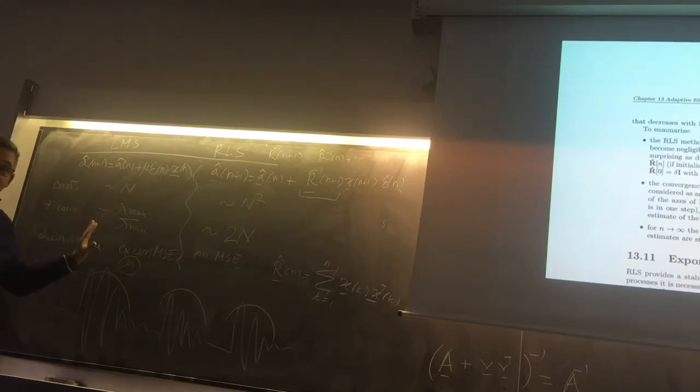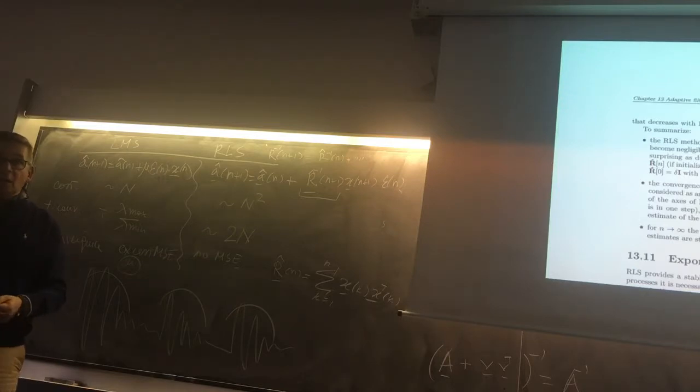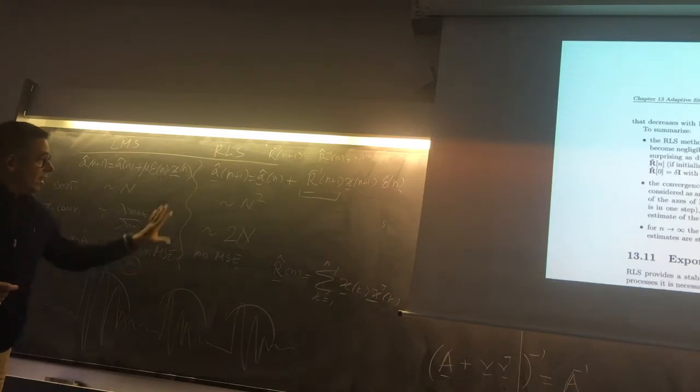You pay for being ready to react with an excess mean square error. The excess mean square error is due to the fact that, since you are always ready to react, you react also to the realization of the noise, and you update with a single sample. Now, what happens with the other one?